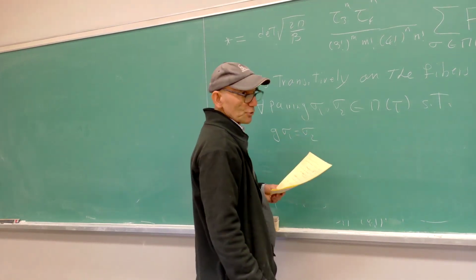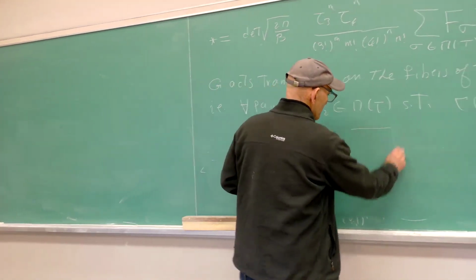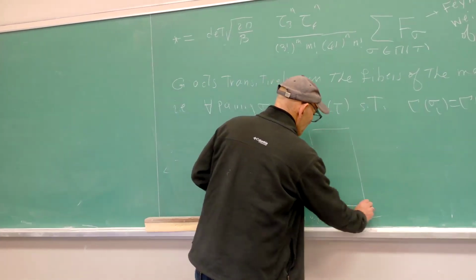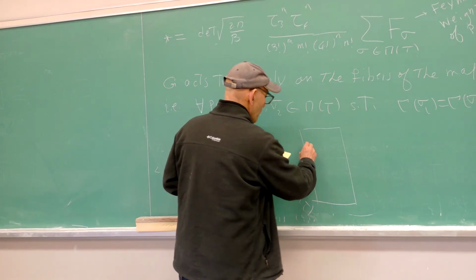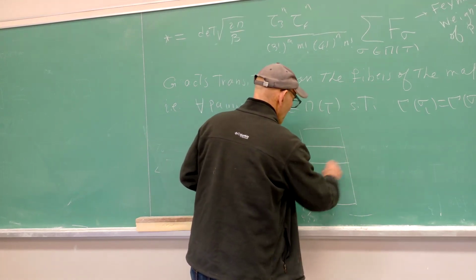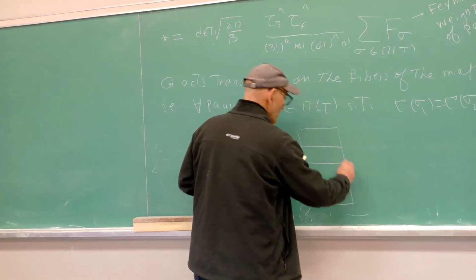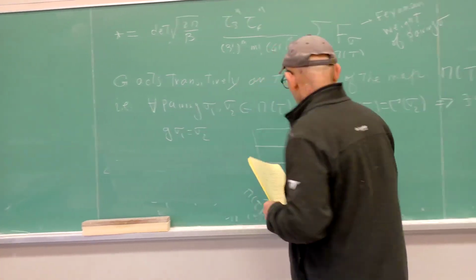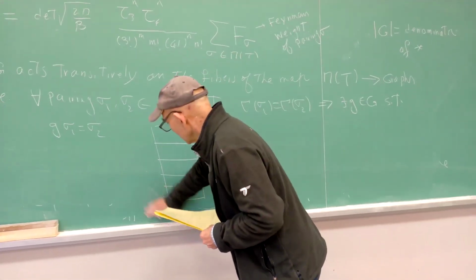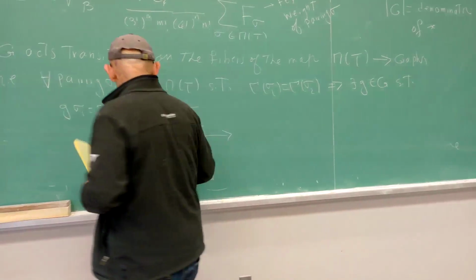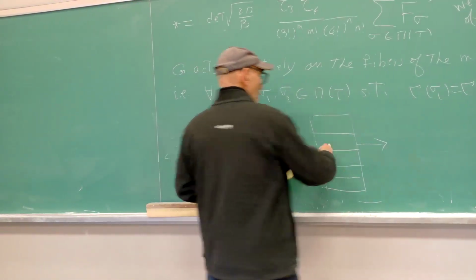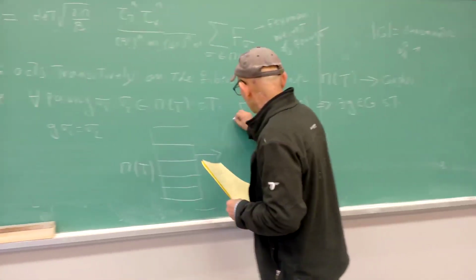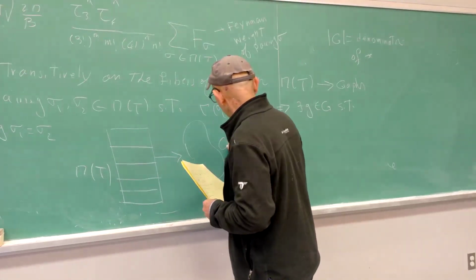So the situation is a bit like this. We have this big set of pairings of T. We have the fibers of this map. So this is the set pi of T, and this is the map that takes us into these graphs.